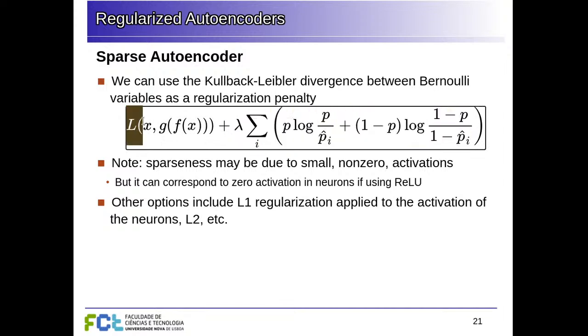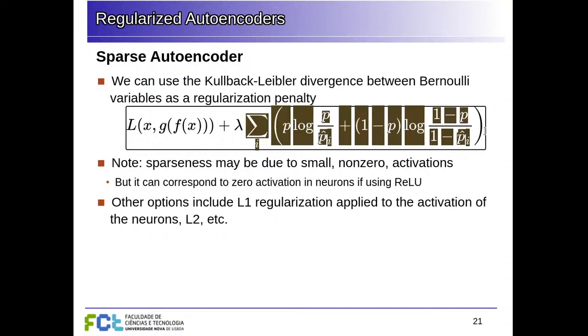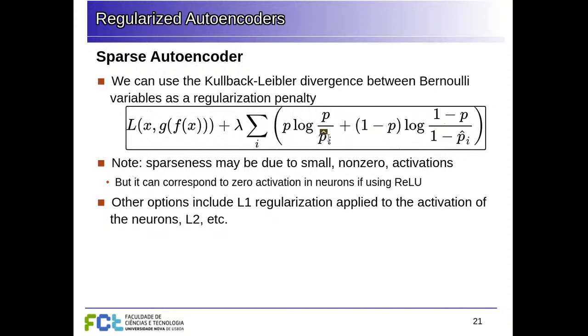So this would be the reconstruction loss, where we're trying to make the output of the network as similar as possible to the input, but also one regularization factor multiplied by the divergence between what we observe to be the probability of each neuron firing and what we would like it to be, assuming a Bernoulli distribution in this case for a lot of examples.